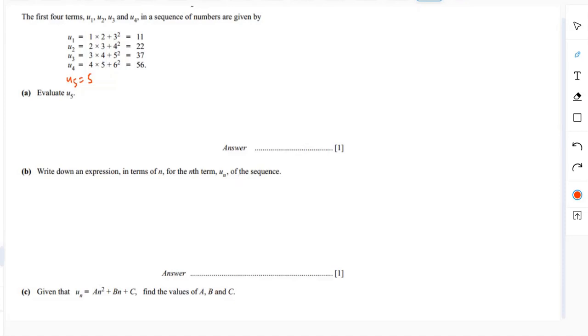Next should be 6. That's 5 into 6. अच्छा, what's happening here? 3, 4, 5, 6. Next number क्या आना चाहिए? It should be 7. That's plus 7 square. ये आप calculator से evaluate कर लोगे ये क्या आता है? So 5 into 6, that's 30. 30 plus 49. That will be 79.